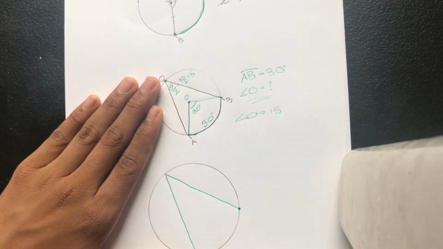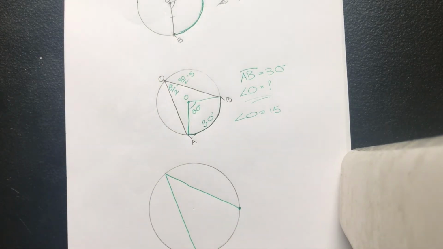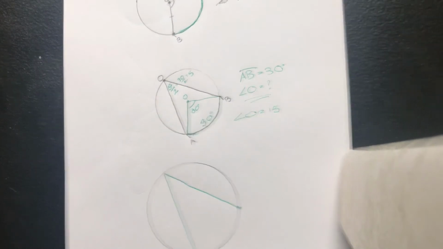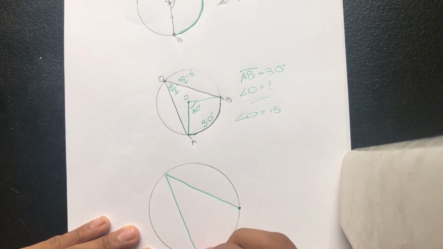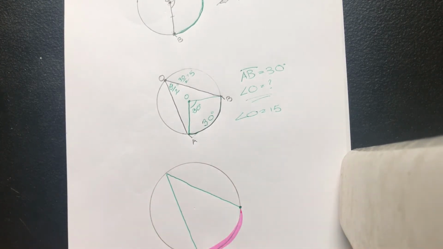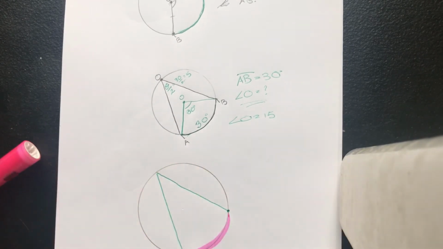Let's say we have this inscribed angle right here, and it's subtending this arc that you can clearly see, and so what you can clearly see here is that this angle is subtending this arc, and we're going to have another angle.